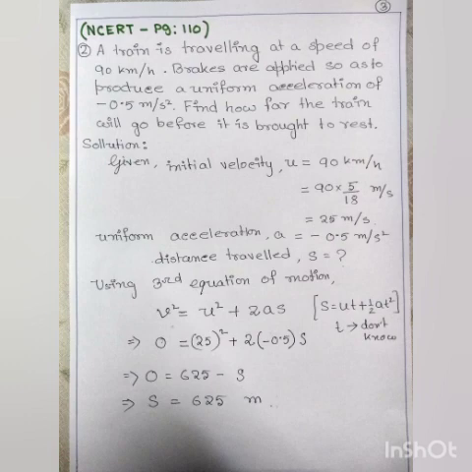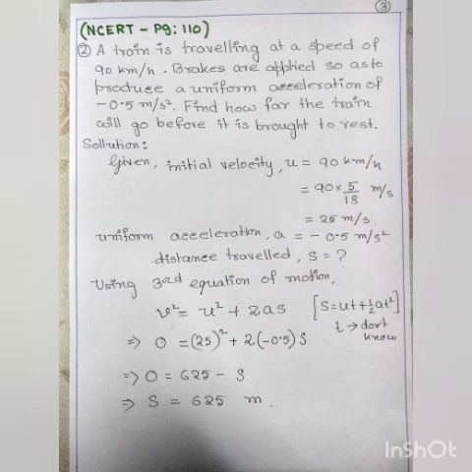Find how far the train will go before it is brought to rest. Now see here, given initial velocity u equals 90 km per hour. The unit is kilometer per hour, so you have to convert it into meter per second. That's why just multiply by 5 by 18. What we will get is 25 meter per second.